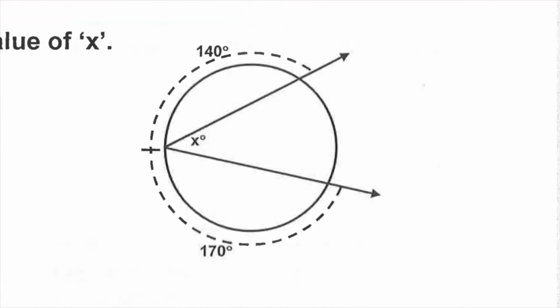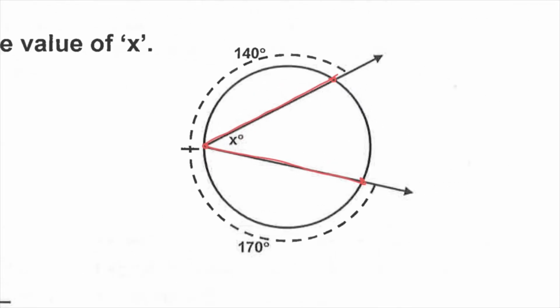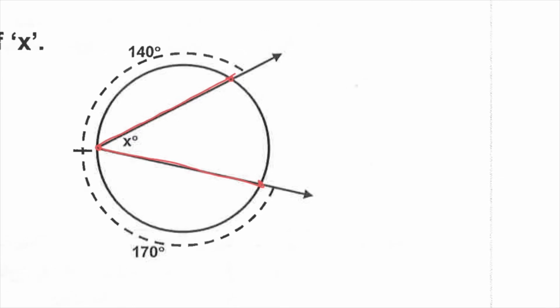The next one is not a central angle, it's inscribed. It has 3 points on the circle. Its vertex is on the circle. It has 2 chords. And if you remember, this x is half of its intercepted arc. Now they kind of gave it to us lopsided. I can find this arc by doing 360 minus 140 minus 170.